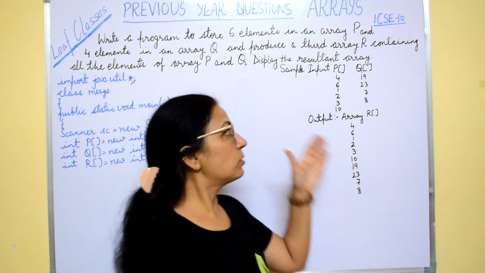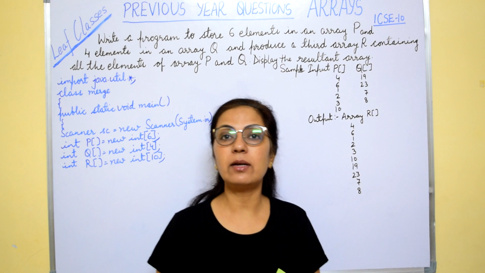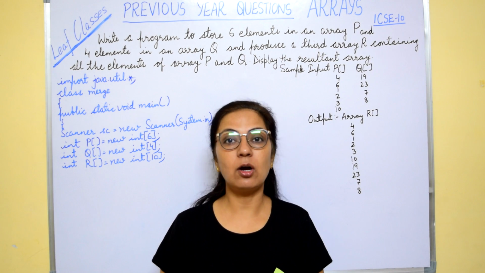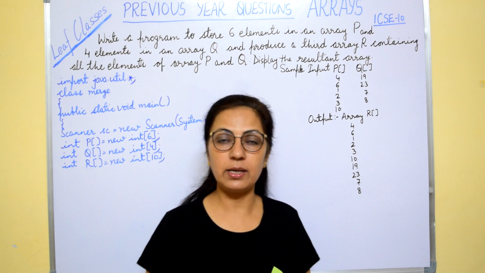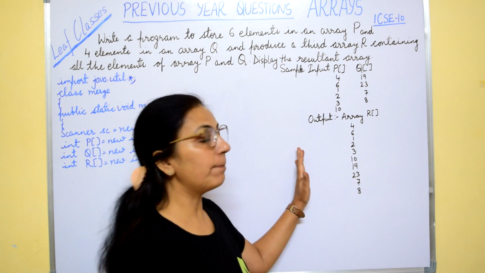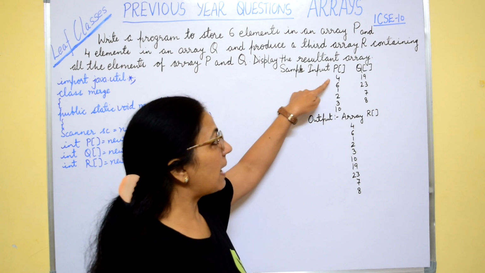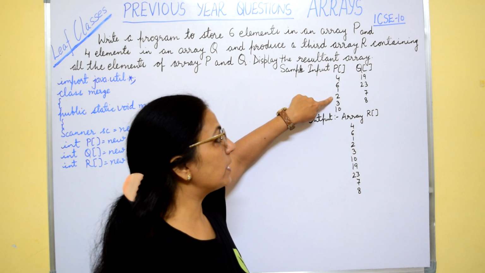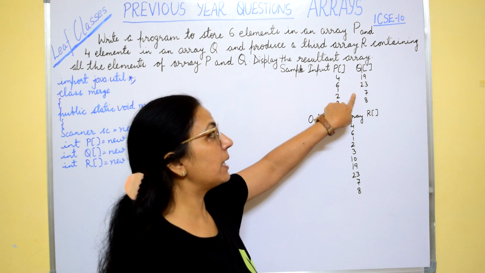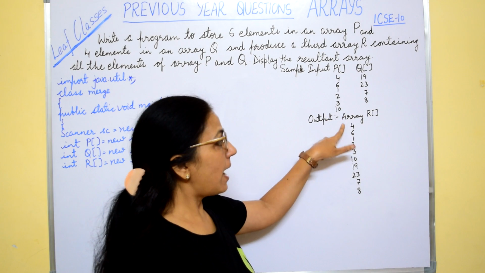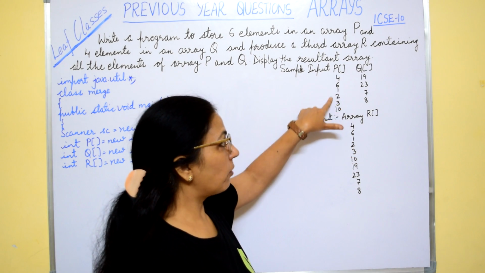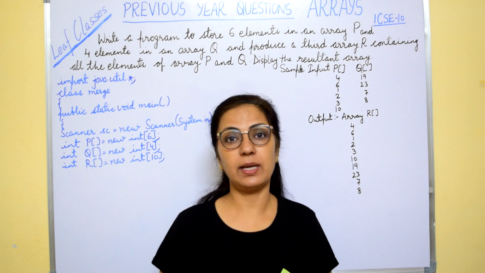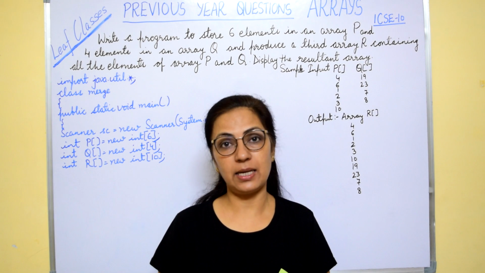Now children, if you see the question, it is not mentioned which type of array element you have to enter, whether it is string or int or float or char or boolean. But if we see the sample input, the array P has the values 4, 6, 1, 2, 3, 10 and Q has 19, 23, 7, 8, and array R is from P and Q. So by seeing the sample input, we can make out that the array is int type.